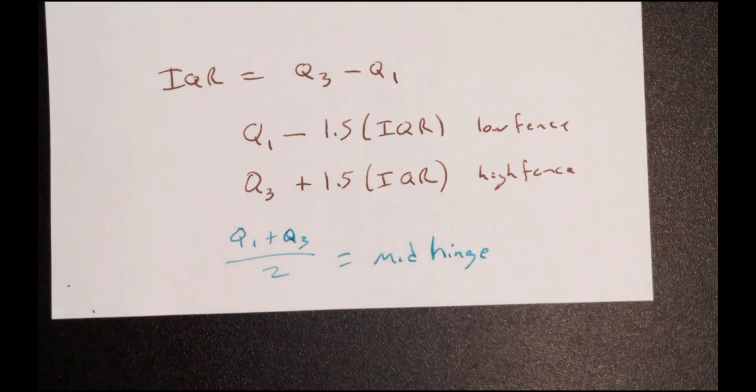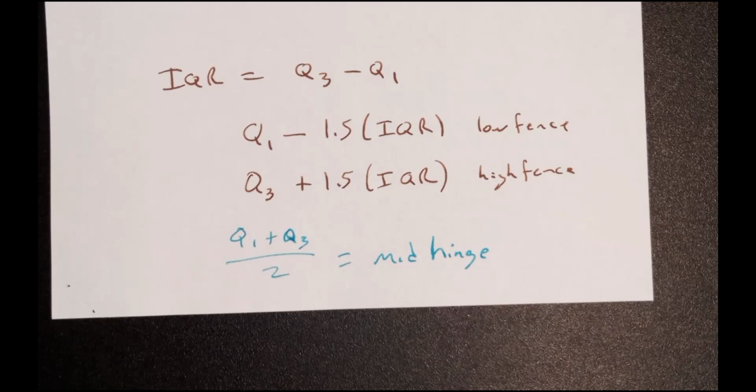We call it the mid-hinge because it would be where you would fold the box and the edges would line up with each other. It's the middle of the top and bottom of the box. It's not necessarily where your second quartile, your median, is. It may be somewhere different. That's the part that's weird.